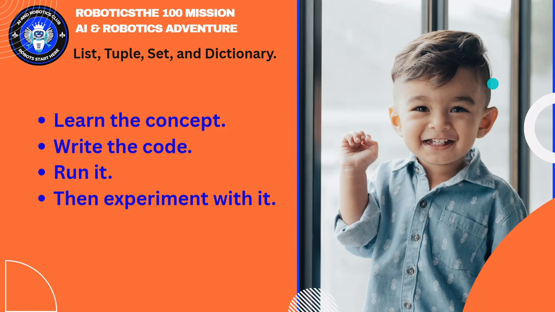When you have many pieces of information, data structures help you organize that information so your program can work with it efficiently. Learn the concept, write the code, run it, then experiment with it. That's how you learn programming.